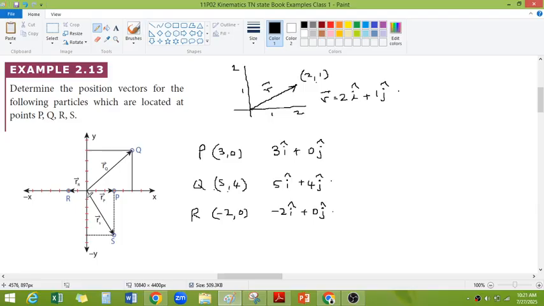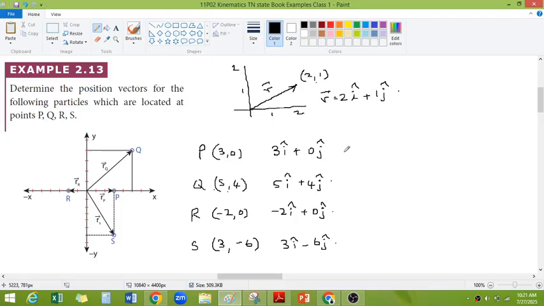S will be 1, 2, 3 in the positive direction, but for j it will be in the negative direction, 1, 2, 3, 4, 5, 6. So that means it will be minus 6. So that is your P vector, Q vector.